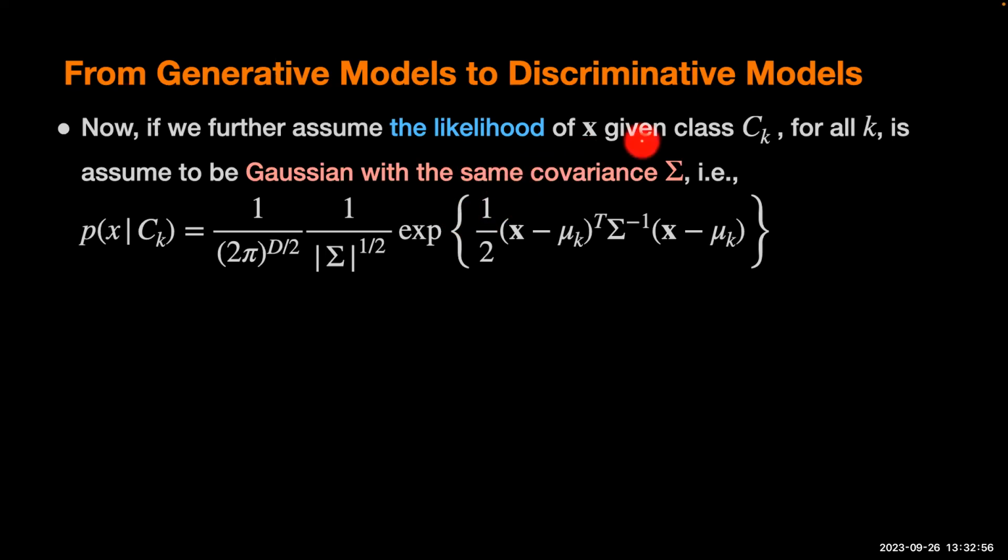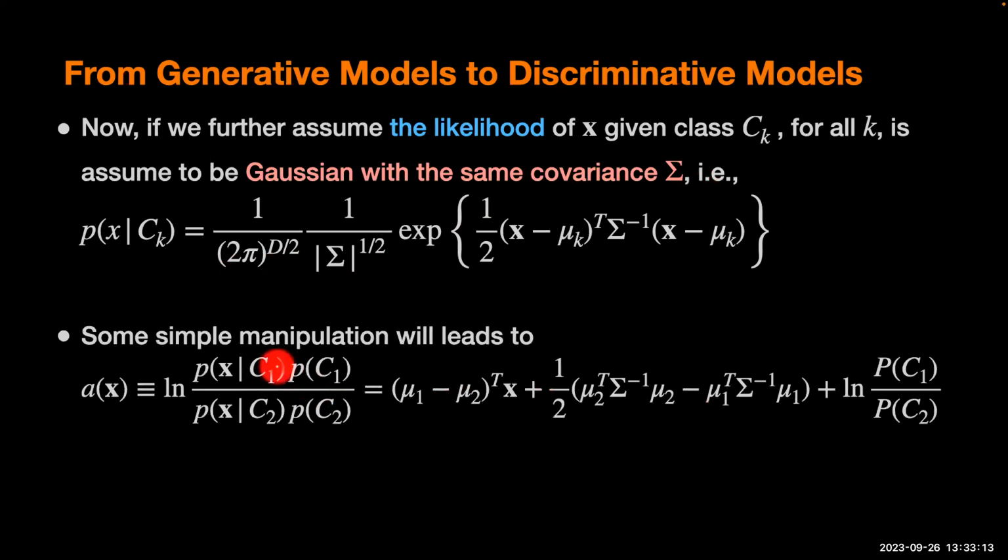Moreover, all the classes have the same Gaussian with the same covariances, but they only differ by a shift in the mean of the distribution. If this assumption is true, then you can just do some massaging and get to this form.